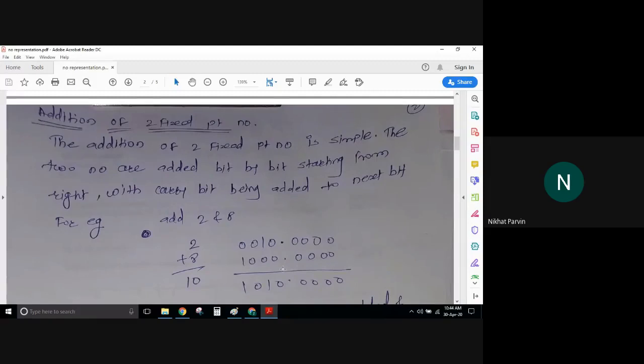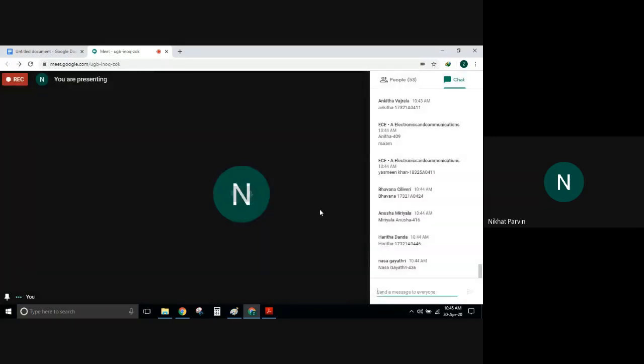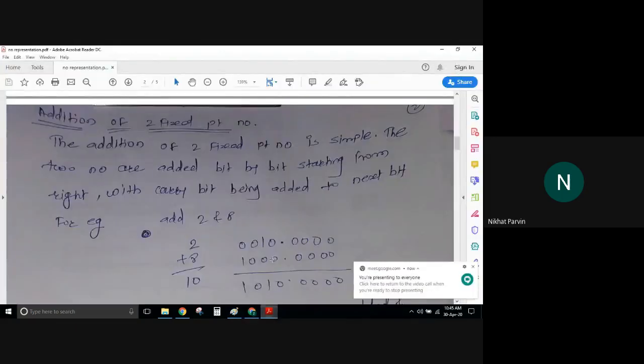So though the numbers are 2 and 8, I should write 2.0 and 8.0, because four bits are for the integer and the rest four bits for the fractional part. The same way I have to do with 8 also.